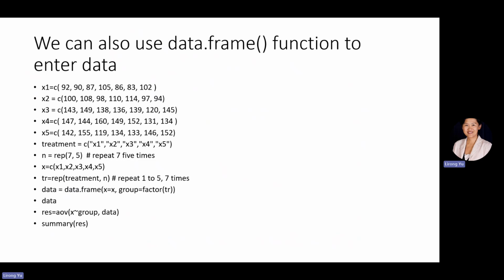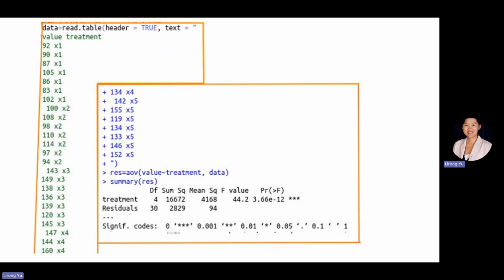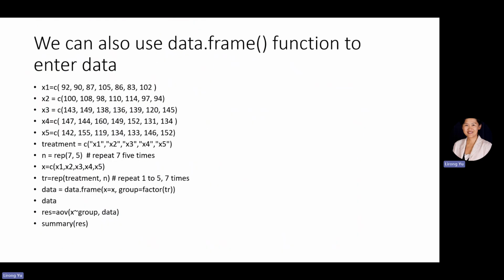So I'm trying to construct this without actually doing it visually. At first I did this visually, and this is really time consuming. So this is using R to quickly get that data. There's this function called data.frame, which connects the columns. So I have one column, which is all the x values.